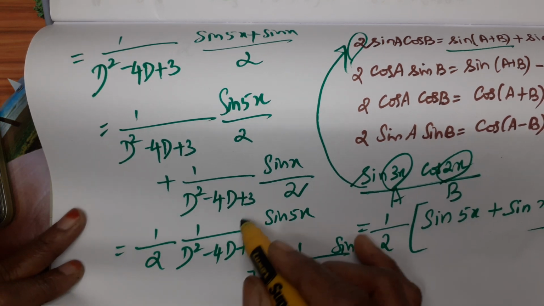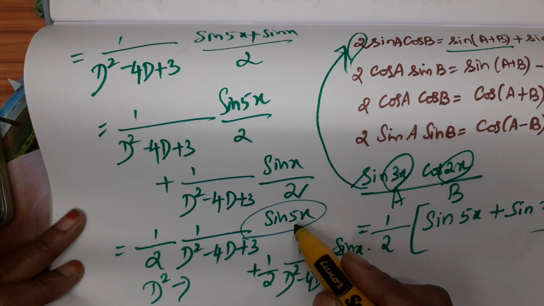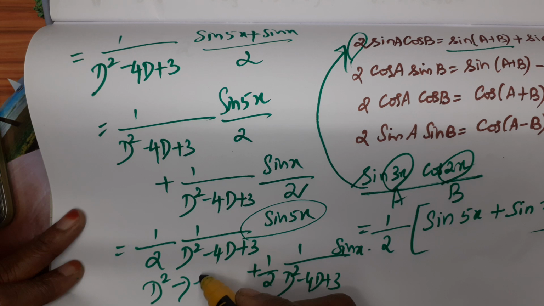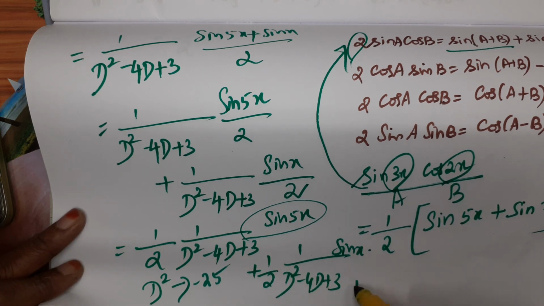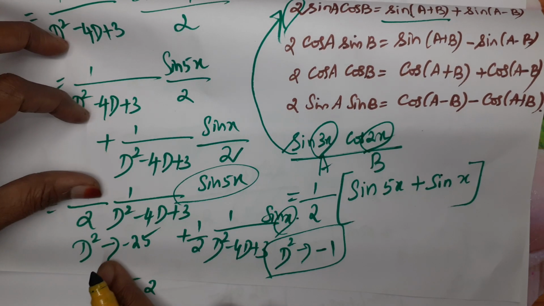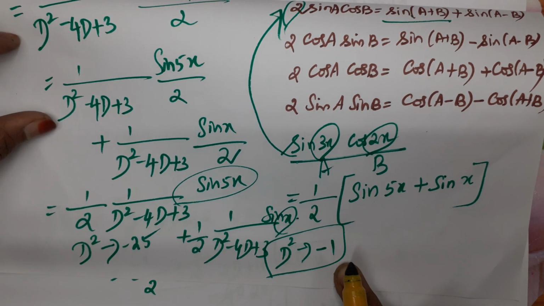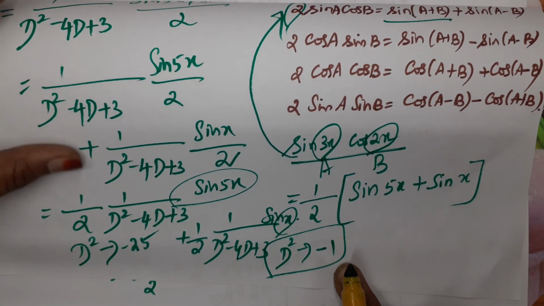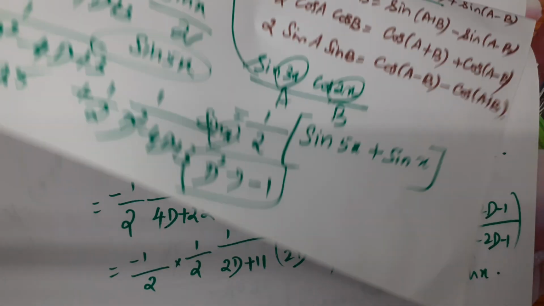In the first term, D squared has to be replaced by minus a squared, a is 5, so minus 25. In the second term, D squared is replaced by minus 1.